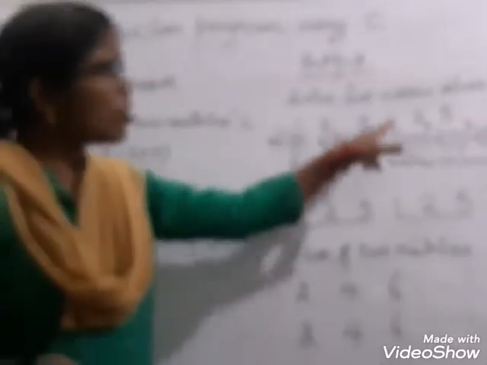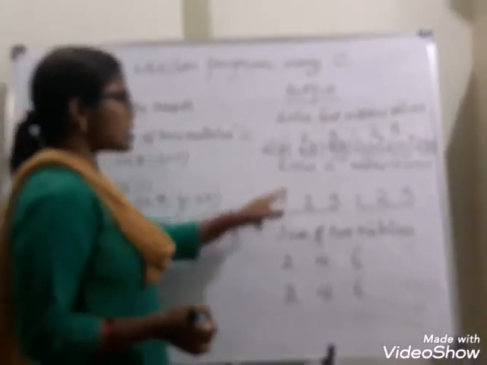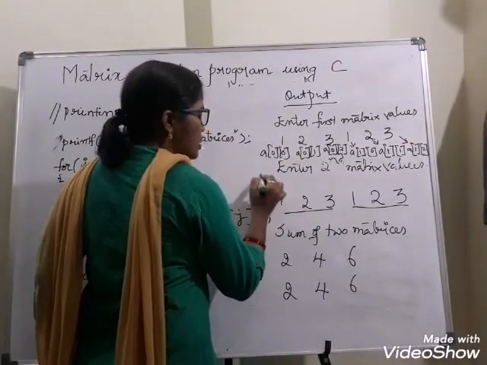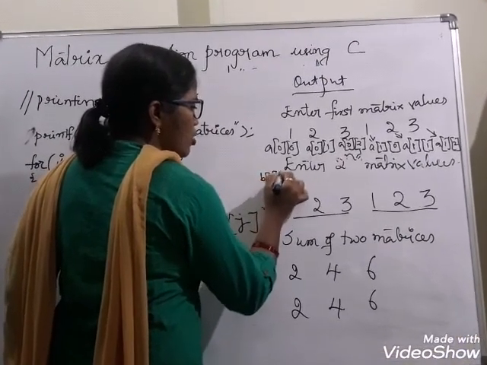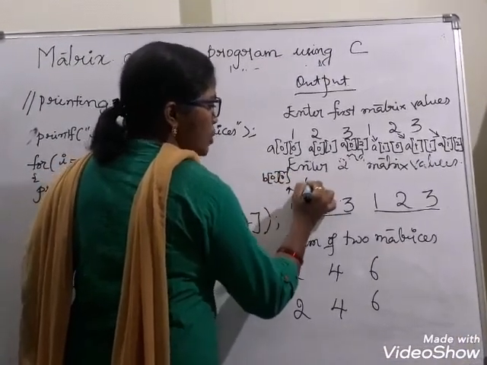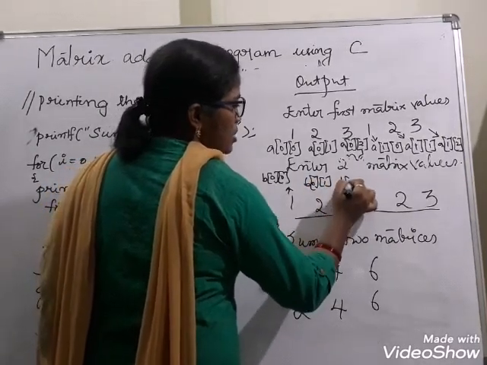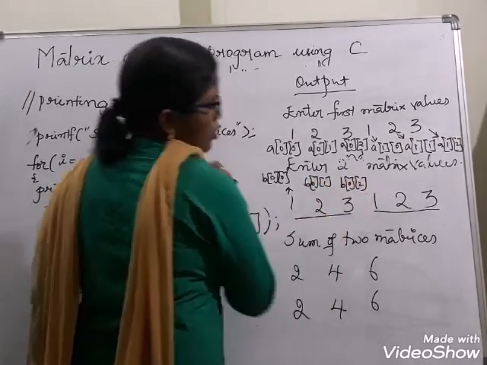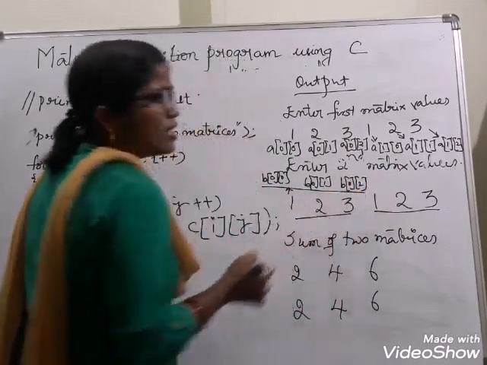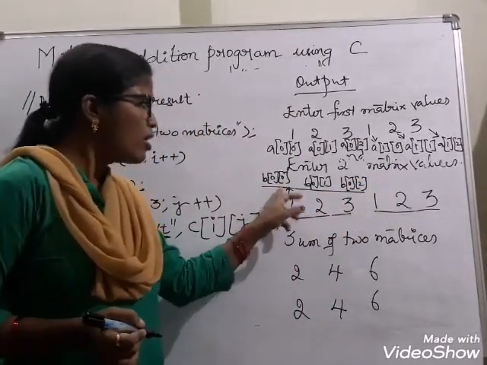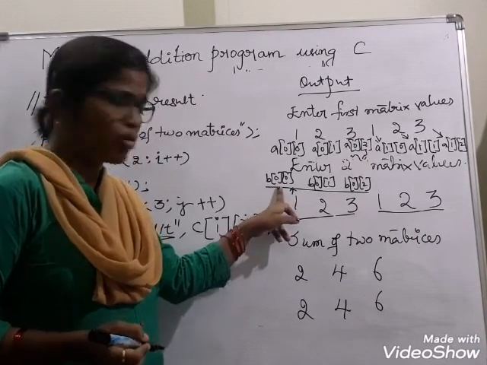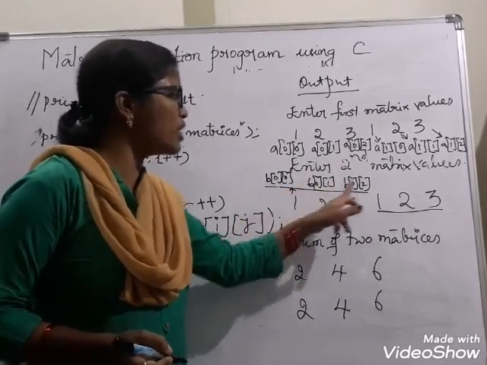Right, this is the reading of first matrix. Next, second matrix also. You can see here. B[0][0]. This is B[0][1]. This is B[0][2]. So what happened with these three lines? Three values are read with i value as 0, whereas j value is 0, 1, 2.